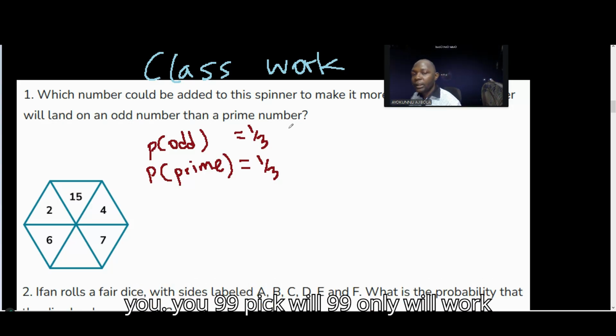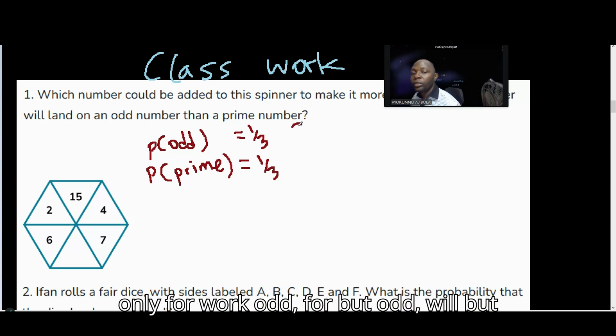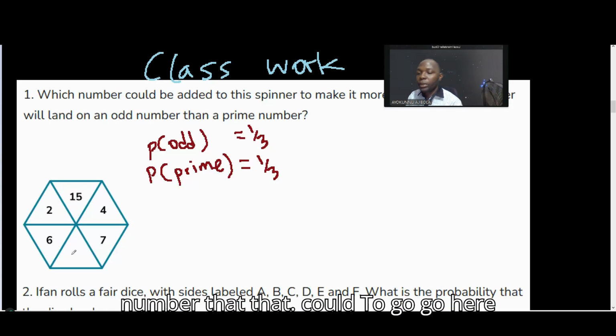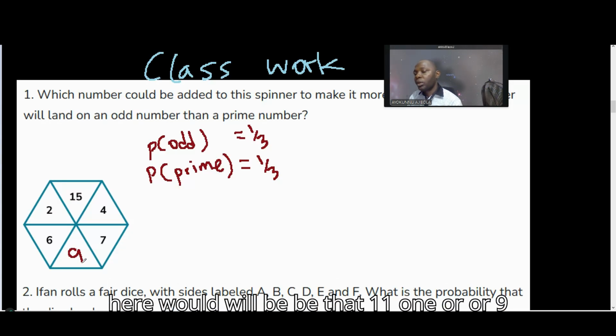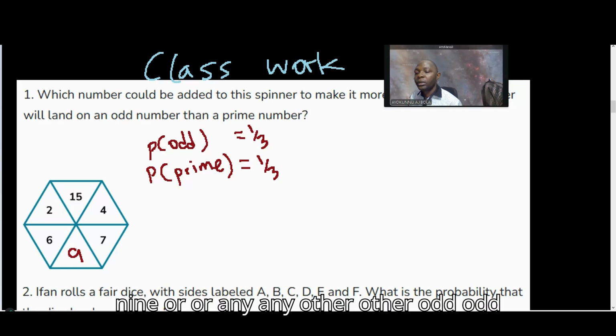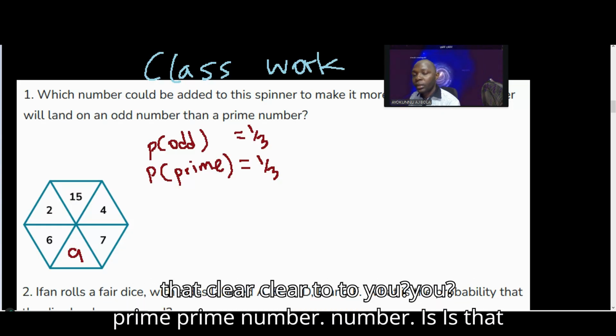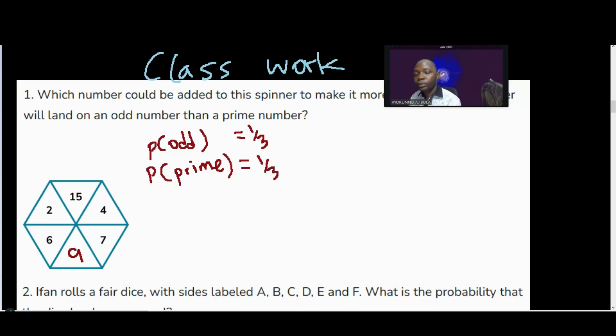But if you pick 9, 9 will only work for odd but will never be a prime number. So the number that could go here will be either 1 or 9 or any other odd number that is not a prime number. Is that clear to you? Yes. Okay.